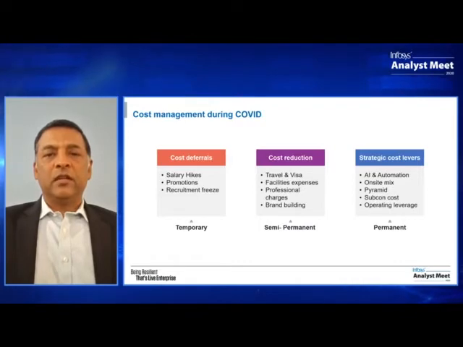If we look at the cost management exercise, which we did at the beginning of COVID in the early part of March, these were under three buckets, looking at the uncertainty of the impact of COVID on our clients and on our own business model. The first was around what we call the cost deferrals.